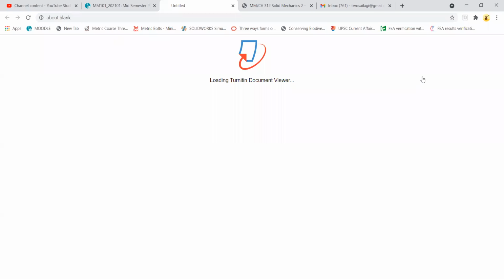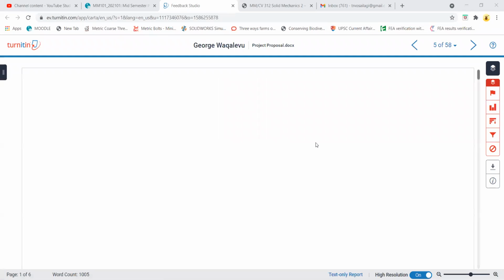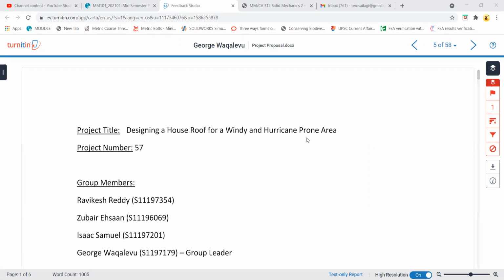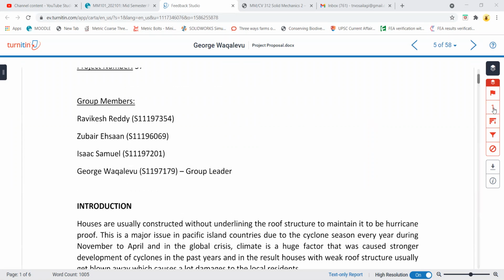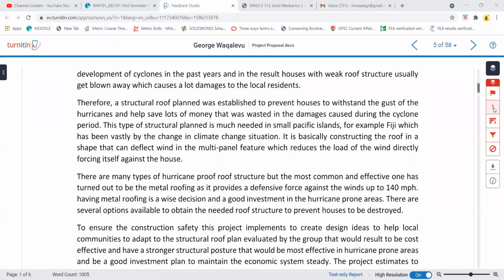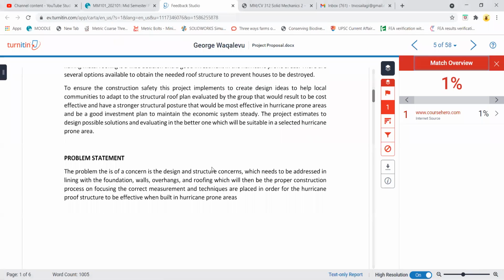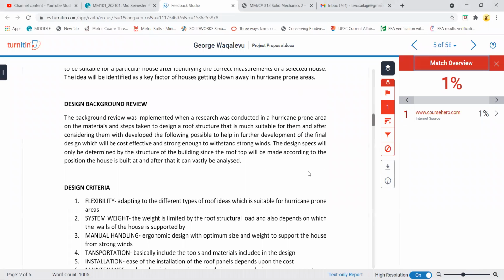Are you all aware of how Turnitin works and how you can check your plagiarism report? Okay, great. So for these guys, they got 1%. So it's very, very little plagiarized. So this is a very good report because it's saying that it's all their own words.